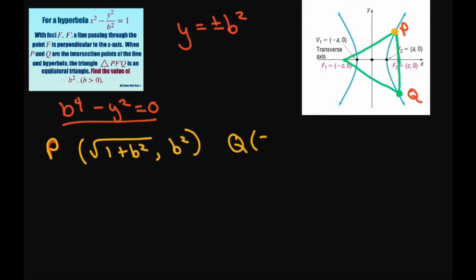Now let's look at our point P. Our x is the square root of 1 plus b squared, and our y is positive, so that's b squared. And our Q has the same x, the square root of 1 plus b squared, but our y is negative b squared.